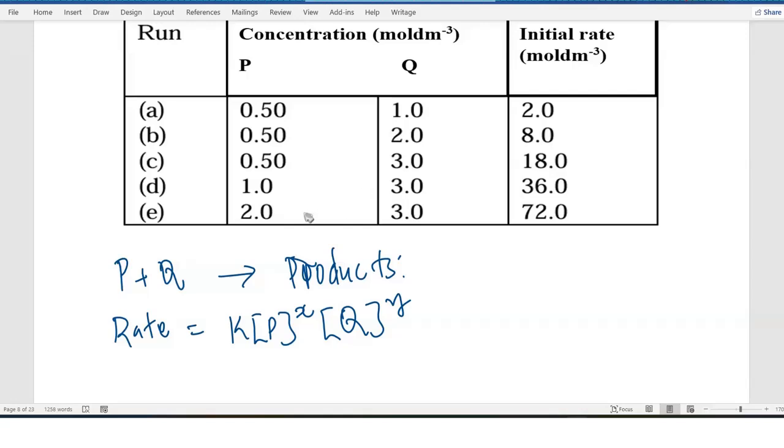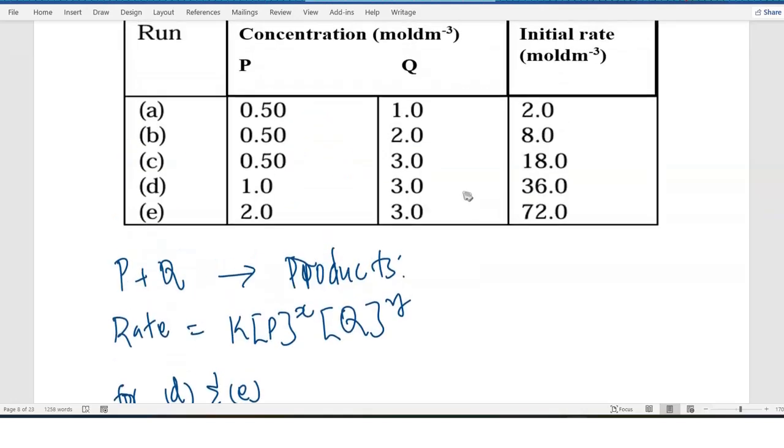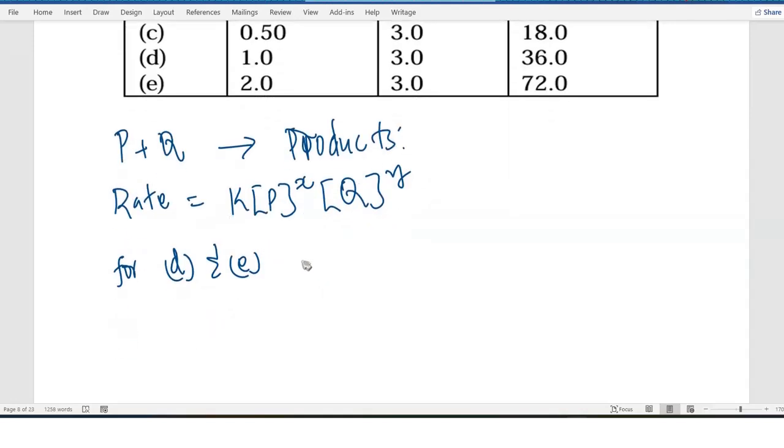So when I look at, for example, D and E, we see that Q was constant while P was varying. So for those experiments, we shall see what is the rate.